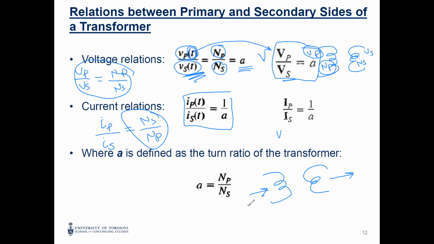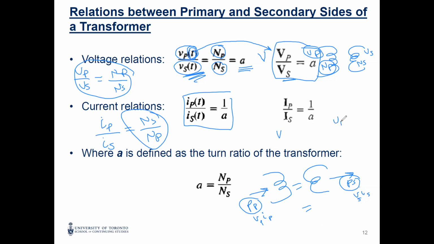This is the power at the primary, the power at the secondary. What is the power? It's the voltage times the current. They are equal, ideal transformer, no losses. So voltage times current in the primary equals the voltage times the current in the secondary.